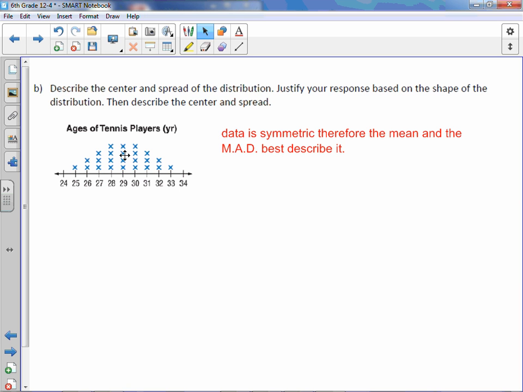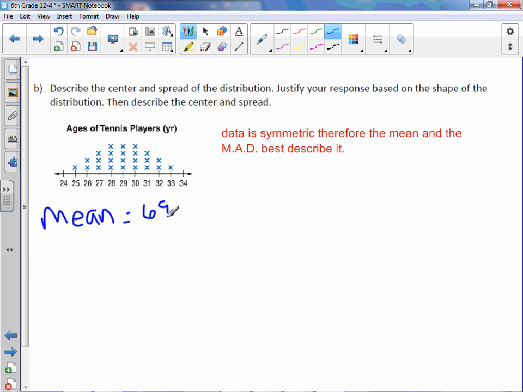And then we are going to take that amount and divide it by the number of data points, which is 24. So we had a sum of 696. Our mean equals 696 divided by 24, which gives us 29 as the mean.